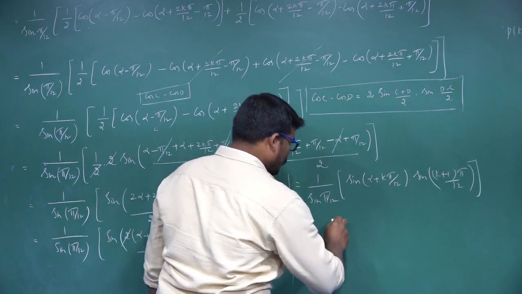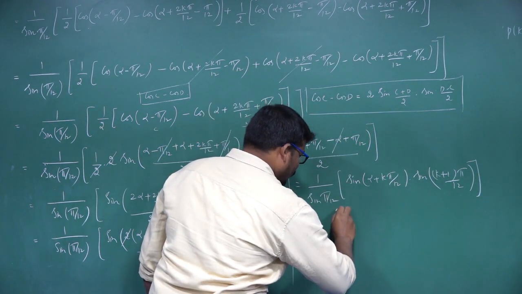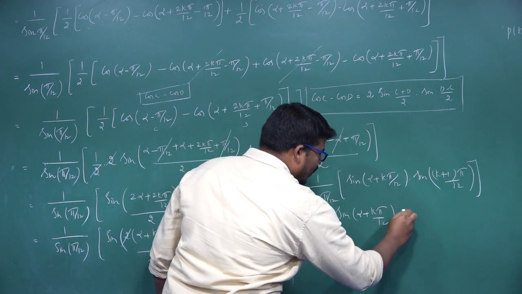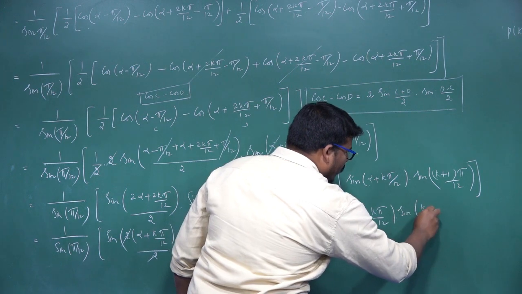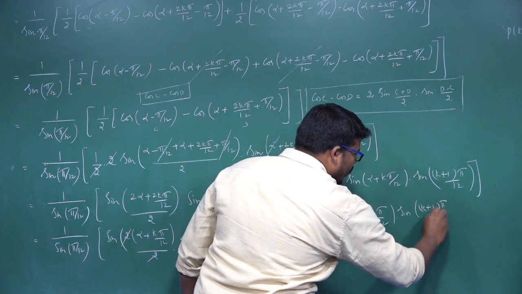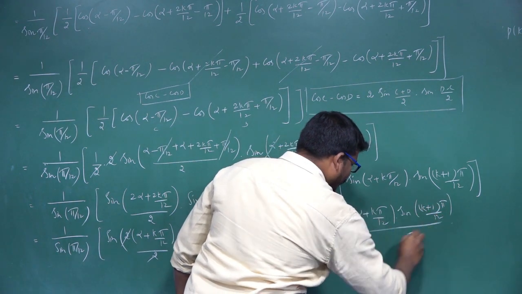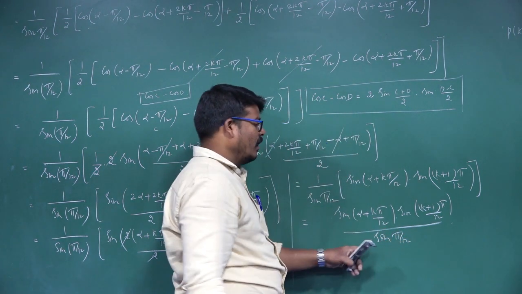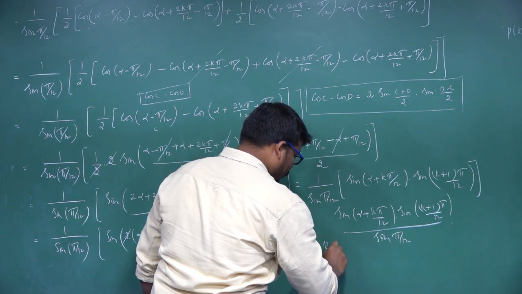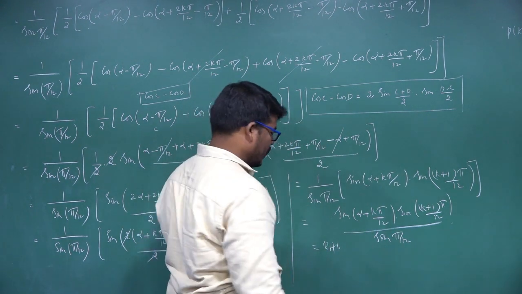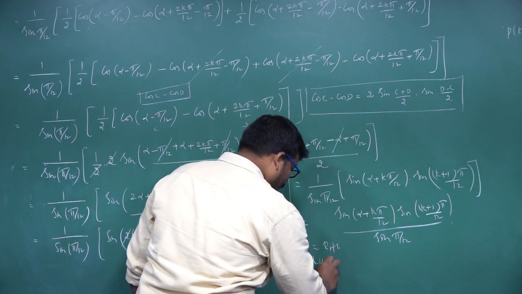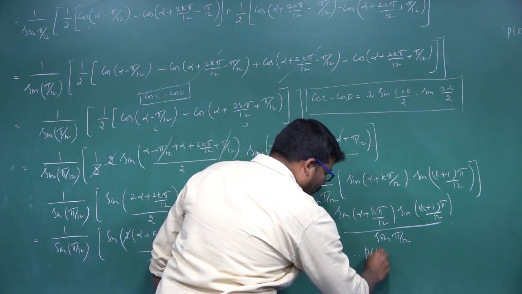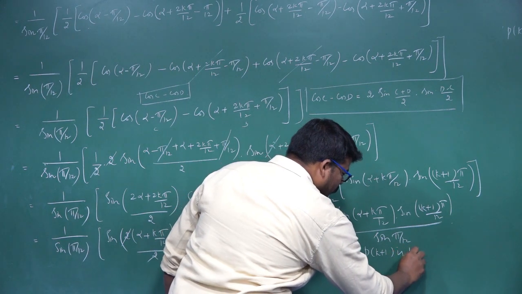That is equal to, dividing the values, sin of alpha plus k pi by 12 into sin of k plus 1 into pi by 12 divided by sin of pi by 12. That is the RHS value. Therefore LHS equals RHS, therefore P of k plus 1 is true.